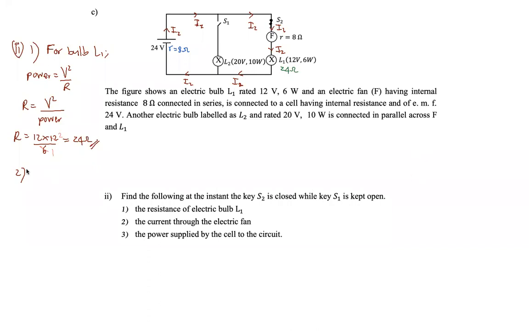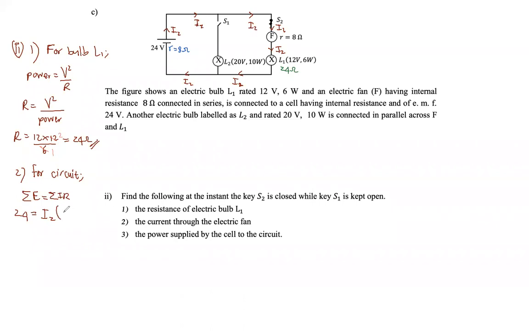For the circuit, you can apply Kirchhoff's law: sigma E equals sigma IR. Sigma E, only one battery, that is 24. The current is I2. There is only one path open, so through all the appliances, the same current is going to flow.